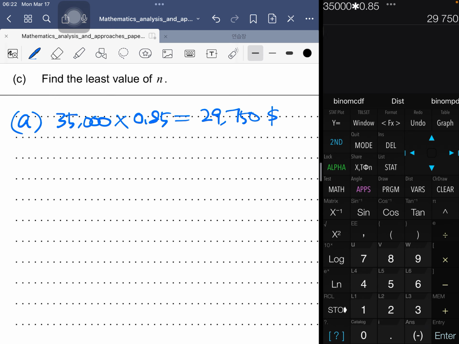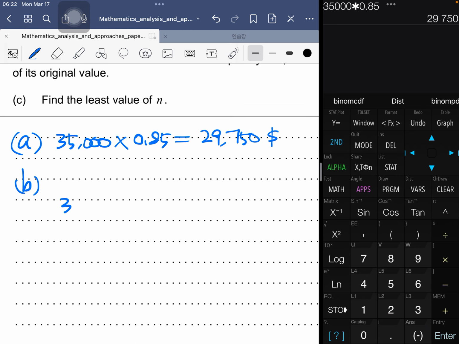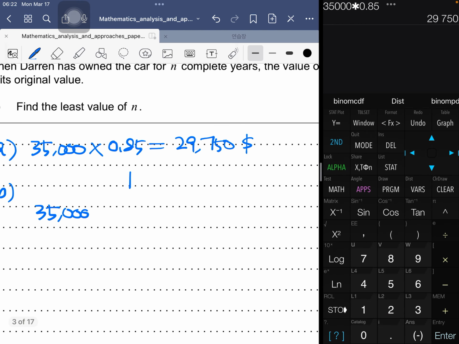So question number B. Initially, Darren buys a car. The price is $35,000 when he buys it. So at the first year, the value of Darren's car decreases, so it becomes $29,750.